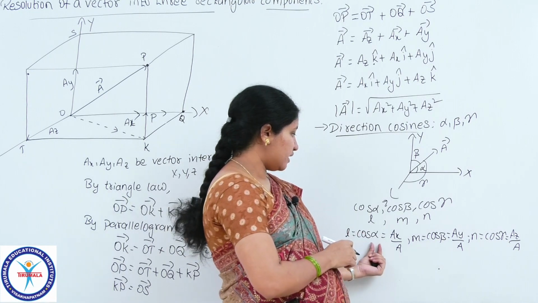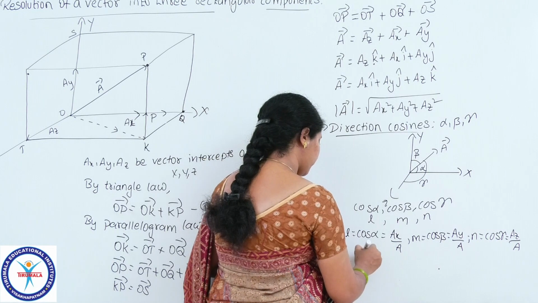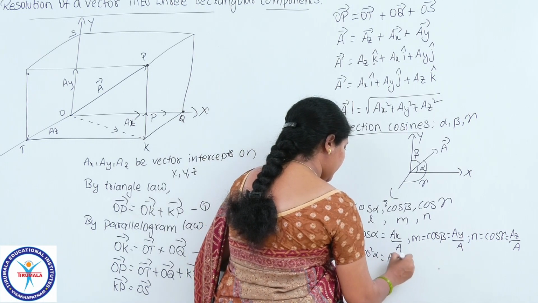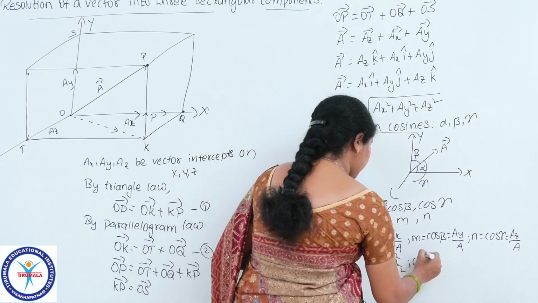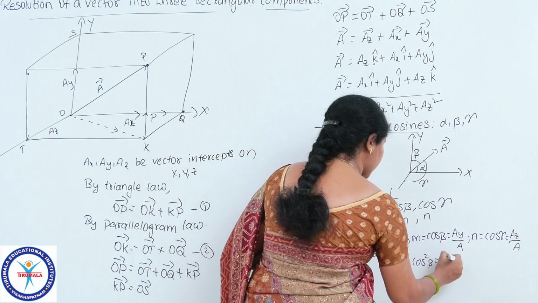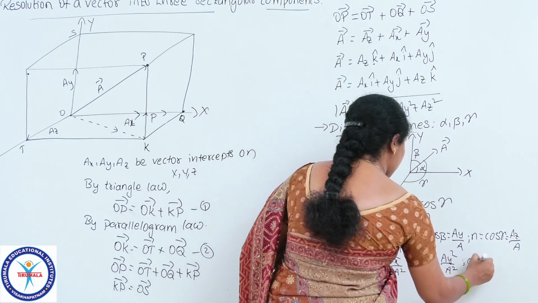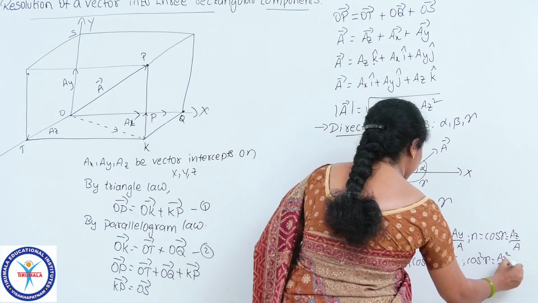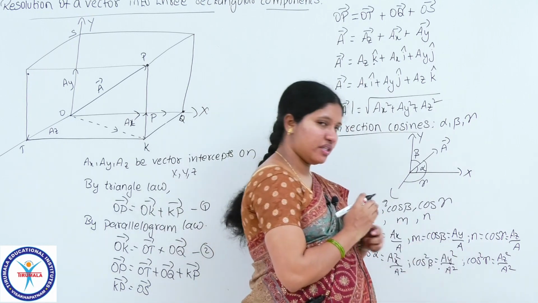Now what we do is square both sides individually. We get cos square alpha equal to ax square by a square, cos square beta equal to ay square by a square, and cos square gamma equal to az square by a square. Now add these three equations.